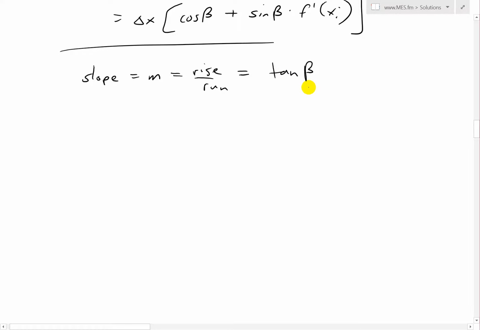So tan of beta, you could also write this as m over 1, rise over run. Just draw a triangle like this, where this is rise m, this is run 1, and now using Pythagoras theorem, the hypotenuse is the square root of 1 squared plus m squared, and this is our angle beta.